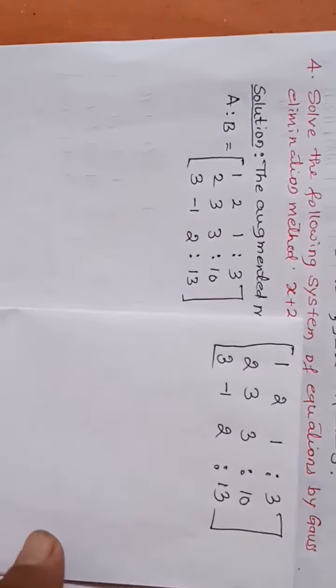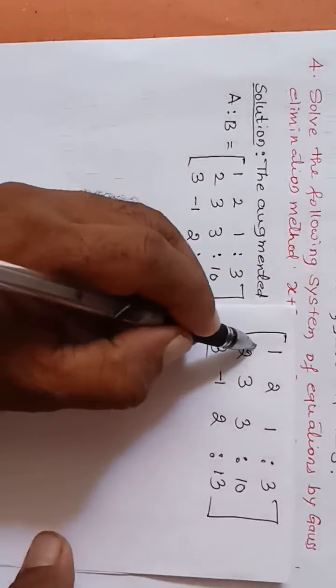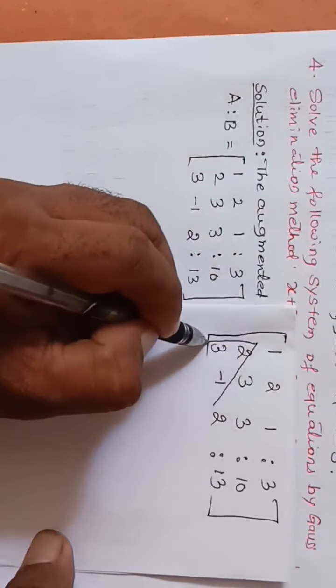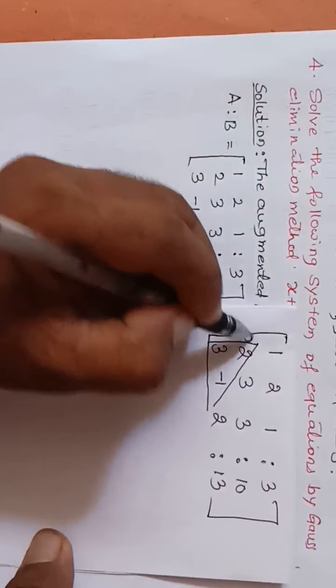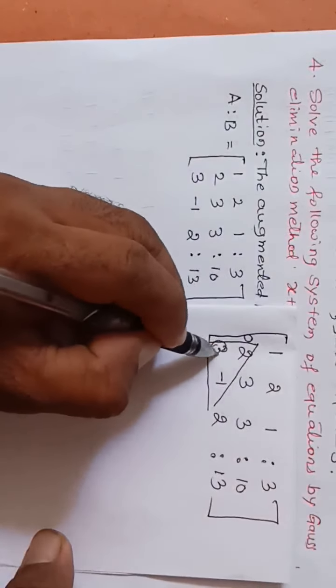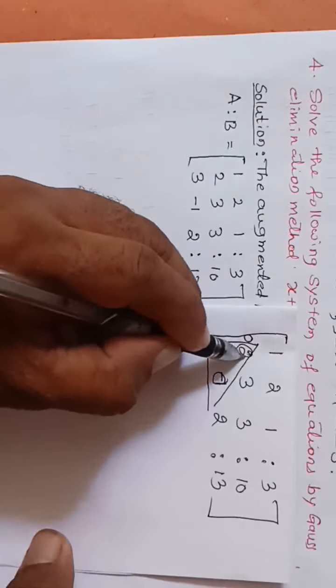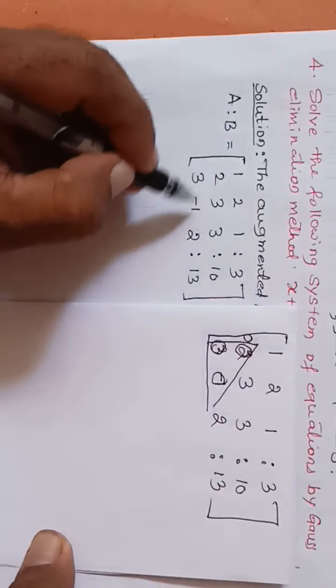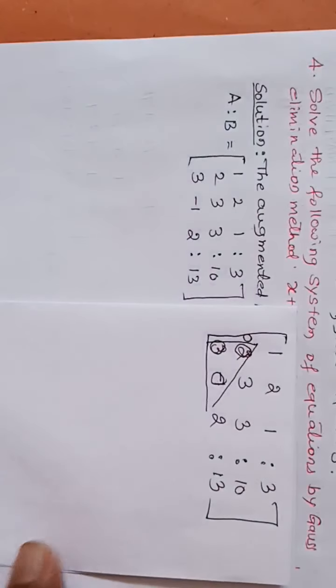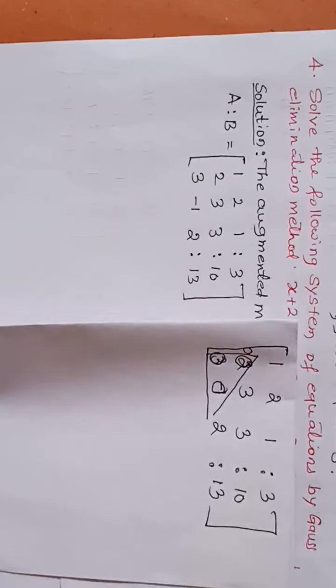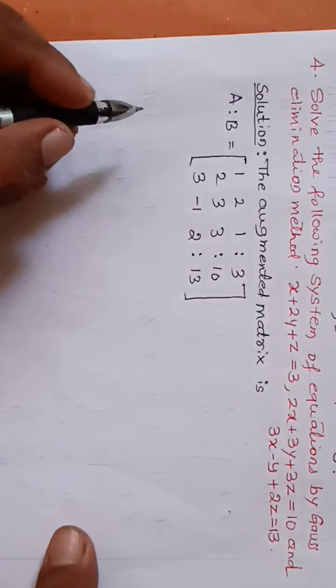Like this, we'll make these three numbers 0. Here we need 0, here also we need 0. Then we can easily solve by the Gauss elimination method by operating rows.